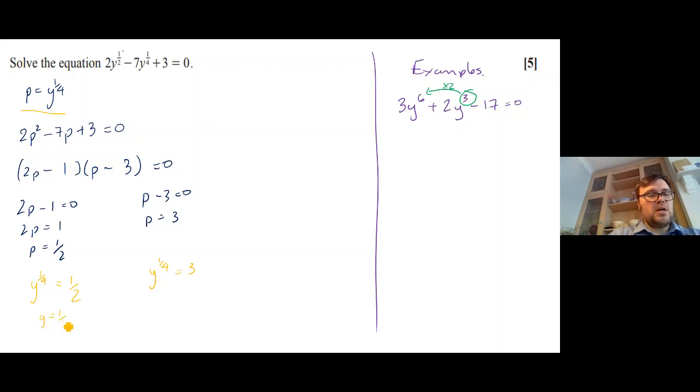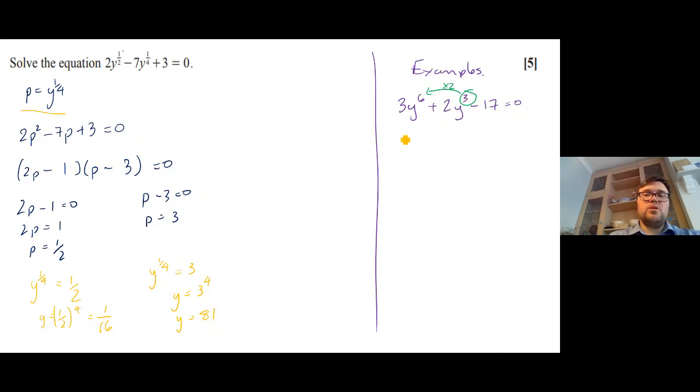So y equals a half to the power of 4, which is 1 times 1 times 1 times 1, which is 1, and then 2 times 2 times 2 times 2, which is 16, so it's 1/16. And then for this one, y equals 3 to the power of 4, so 3 times 3 is 9, 9 times 9 is 81, which would then solve it.